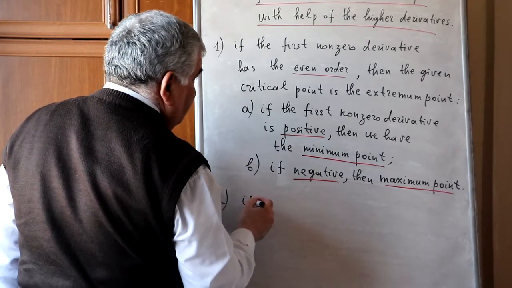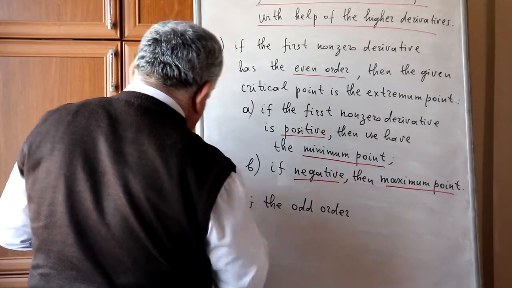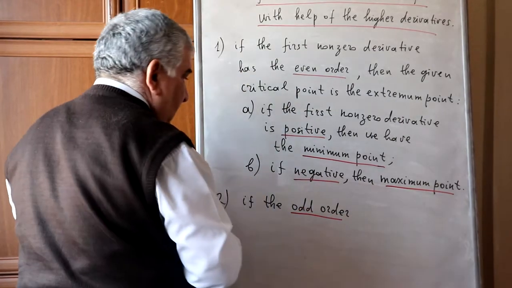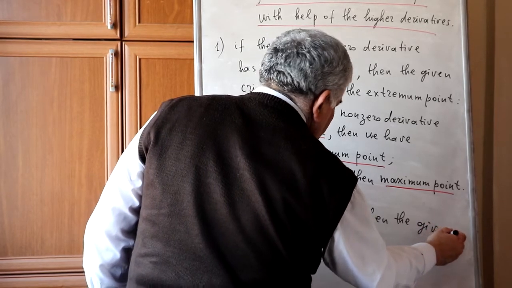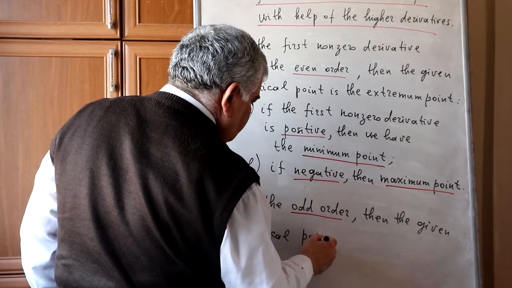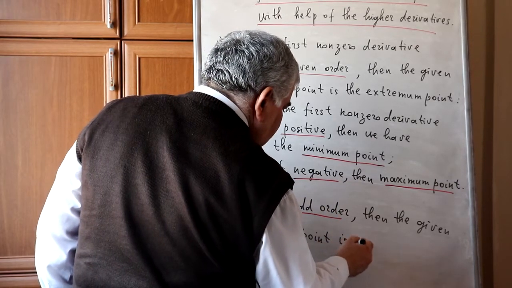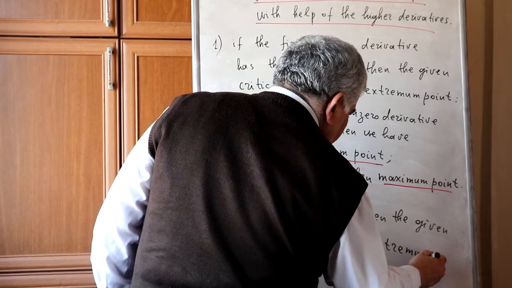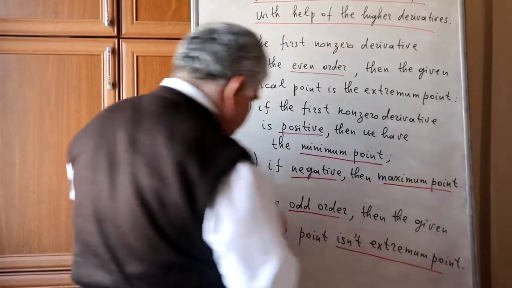If the odd order, then the given critical point isn't extremum point. Please rewrite.